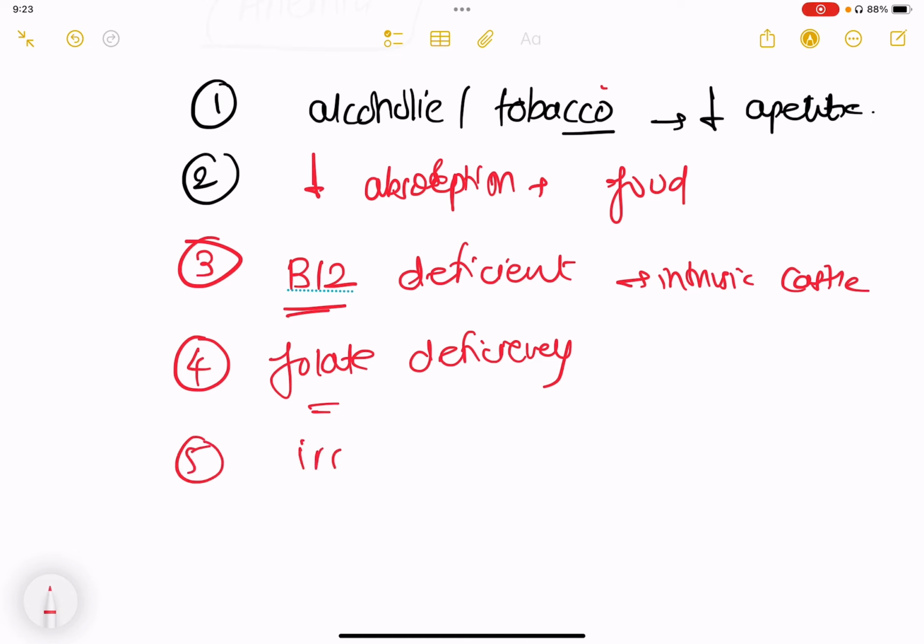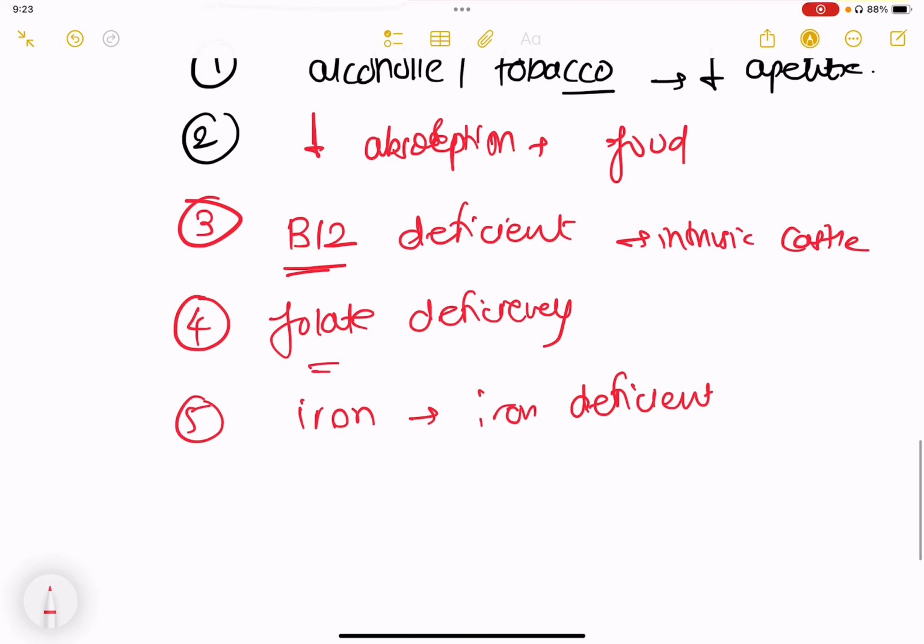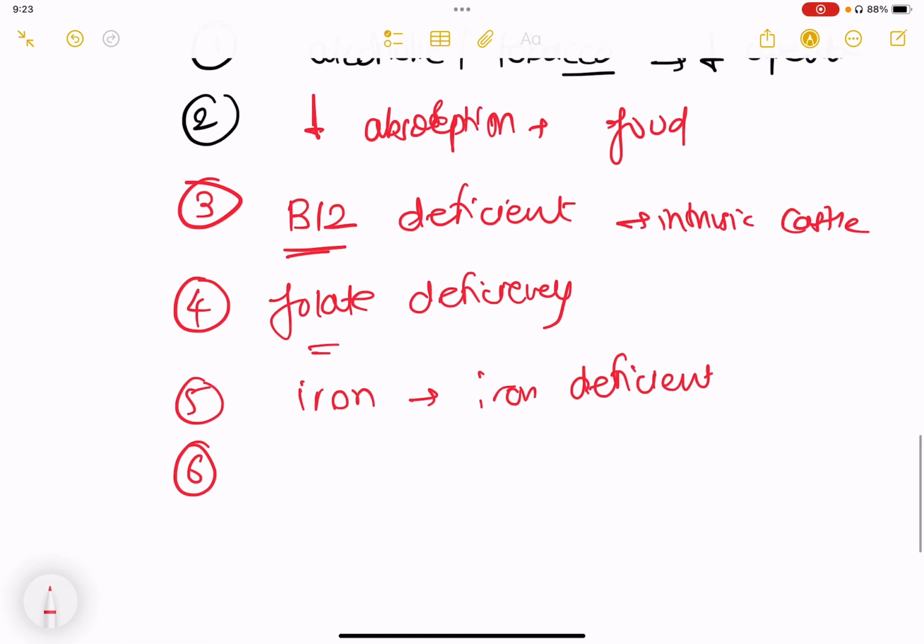And one of the most important ingredients for synthesis of RBC is hemoglobin, and for hemoglobin we need iron. So iron deficiency also is a very common problem in CLD because of poor appetite, malnourishment, malnutrition.